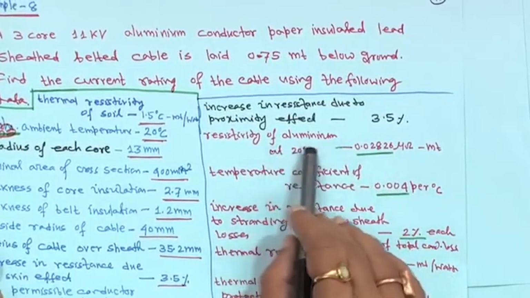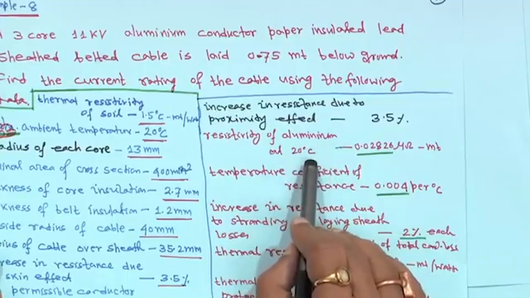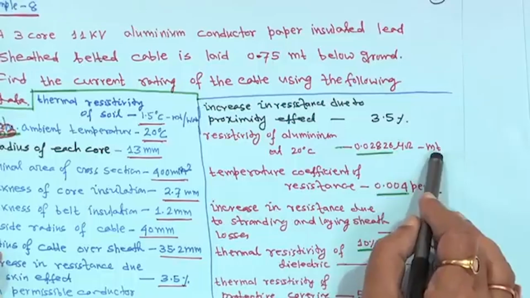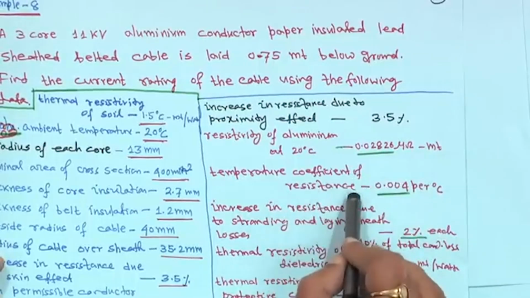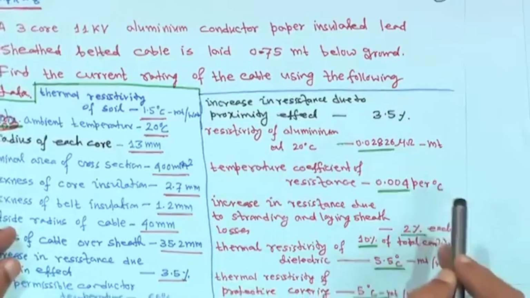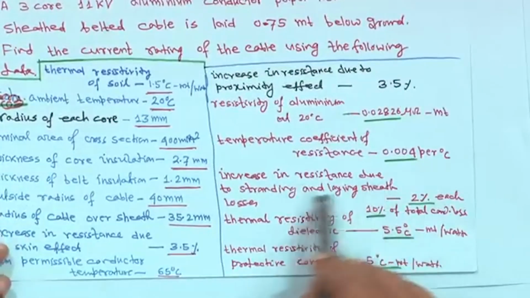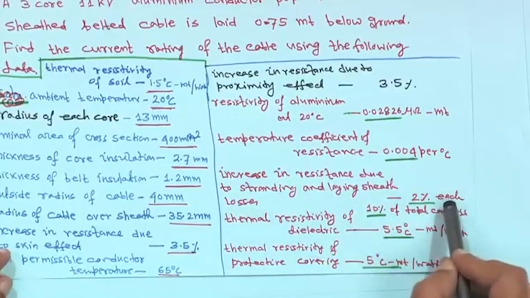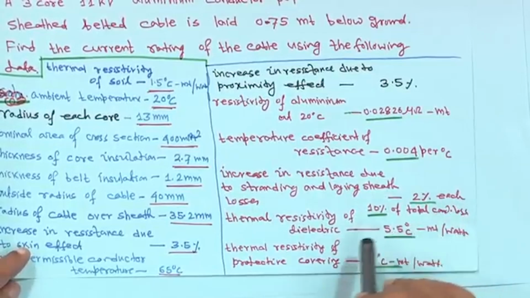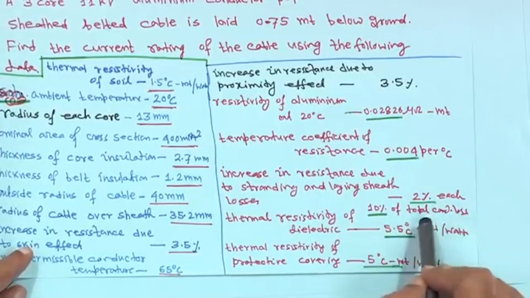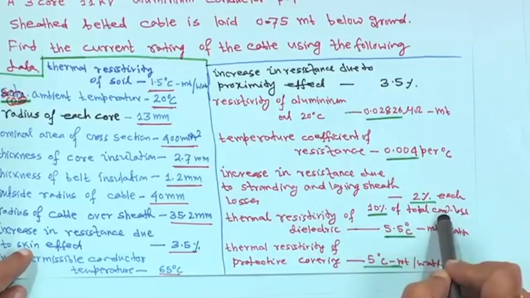Resistivity of aluminum at 20 degrees centigrade is 0.02826 micro ohm meter. Then temperature coefficient of resistance is 0.004 per degree Celsius. Increase in resistance due to stranding and laying, sheath losses 2% each, that also you have to consider, and 10% of total conductor loss. This is 10% of total conductor loss, right.